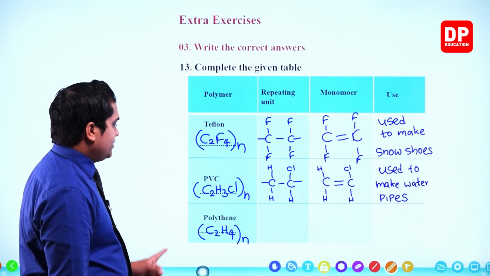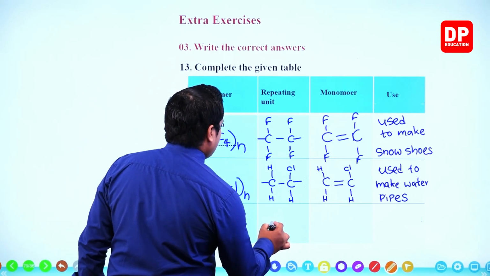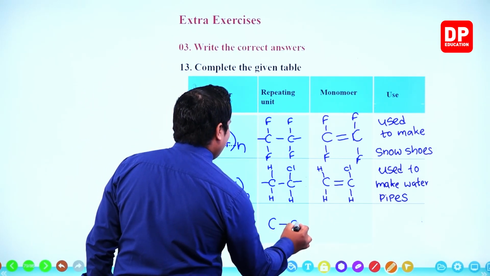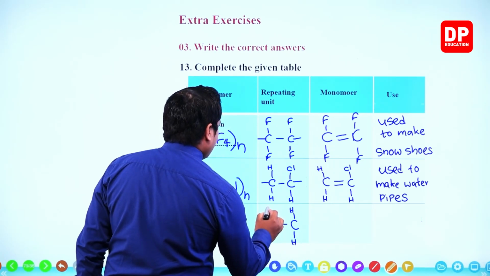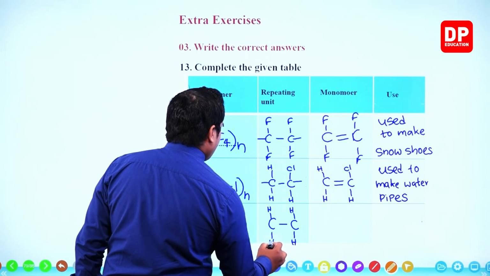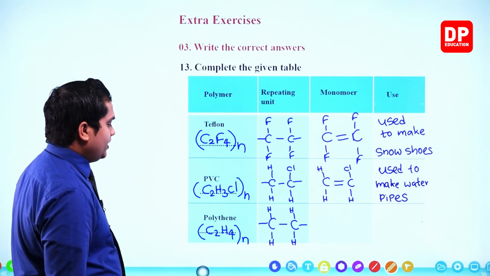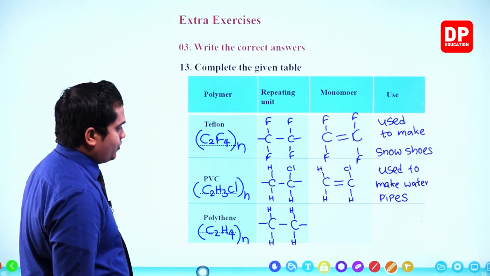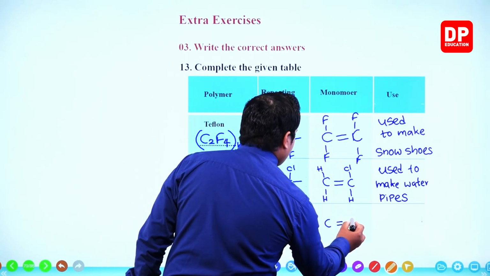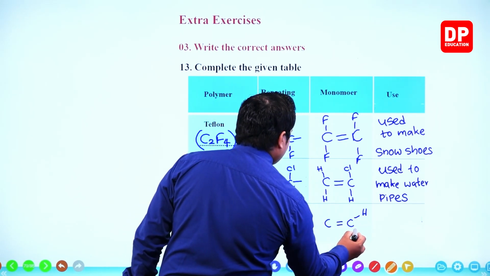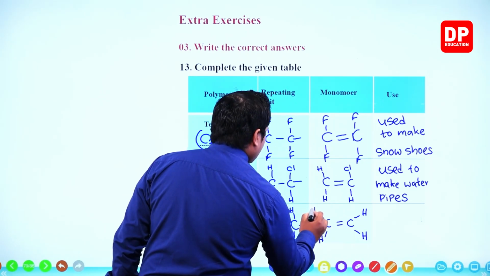Then, my dear children, third one, polythene. Repeating unit. C, hydrogen, hydrogen, hydrogen, hydrogen. This is the repeating unit. Okay, C2H4. Then next one, monomer. Monomer is ethene, my dear children. Hydrogen, hydrogen, hydrogen, hydrogen.